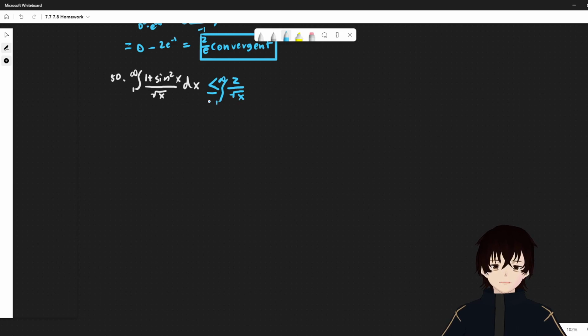From 1 to infinity, of course, of 2x to the power 1/2 dx. This is 3, so that's 4 over 3 x to the power of 3 over 2 from 1 to infinity. No, that's divergent. Or is it? Yeah, that's divergent.